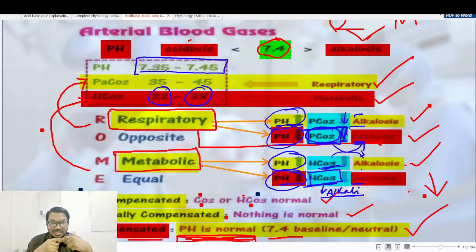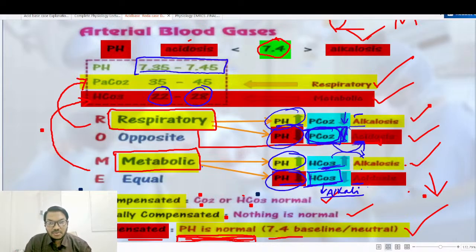The respiratory system mainly takes part in compensating respiratory acidosis or alkalosis, because mainly it is gas. And if it is metabolic, then our renal system, the kidney, tries to compensate. How they do this, we will learn in physiology, in the renal system. But here we are focusing mainly on the interpretation.